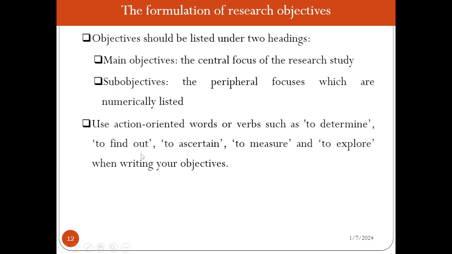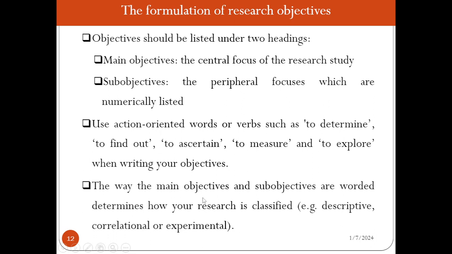And usually we number them one, two, three, something like that. So while we are formulating our objectives, we have to use action-oriented words. As I already told you, like to find out, to ascertain, to measure, to explore, to determine, to examine. So these are all action-oriented verbs. And then next, the way the main objectives and sub-objectives are worded determines how your research is classified: descriptive, correlational, or experimental, right?